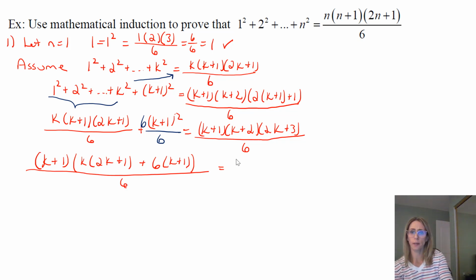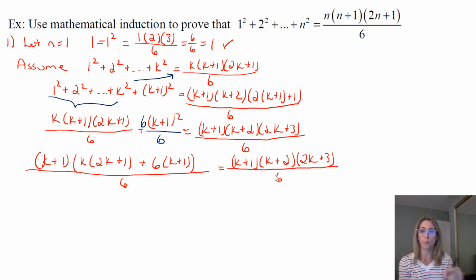And on the right hand side, same. So the big thing to see here is on the right hand side, we have that k plus 1. What we really care about is what's left after we factored out that k plus 1. Could it be a trinomial that factors into those two terms, k plus 2 and 2k plus 3? That's our hope. So we're going to distribute and then add things together.